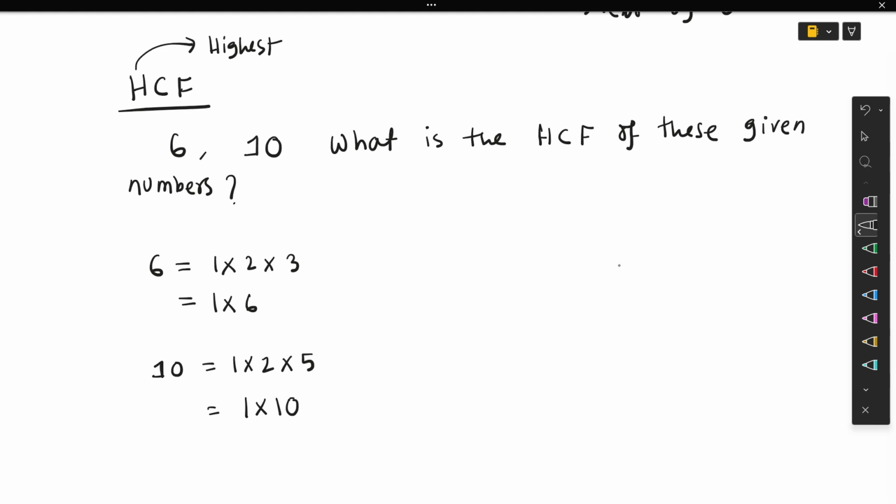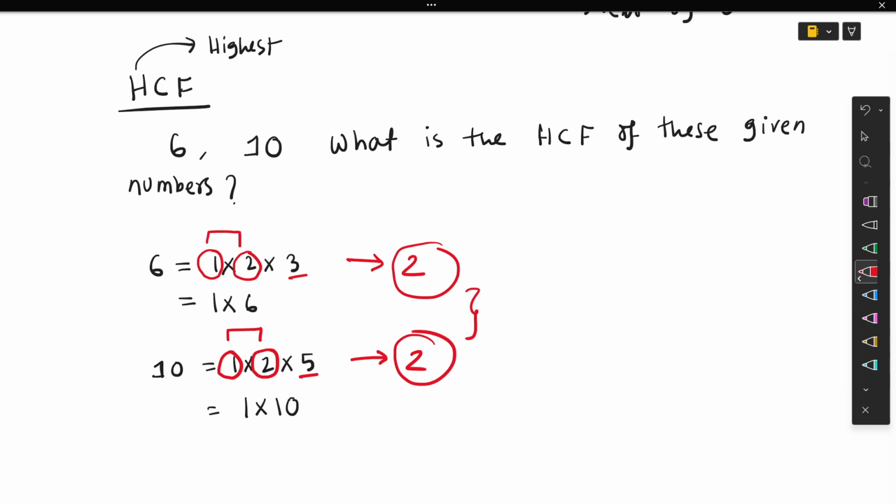You can see 1 exists for both, and 2 also exists for both of the factors here, and the others are not common, they are uncommon. So 2 is common for both these two numbers.